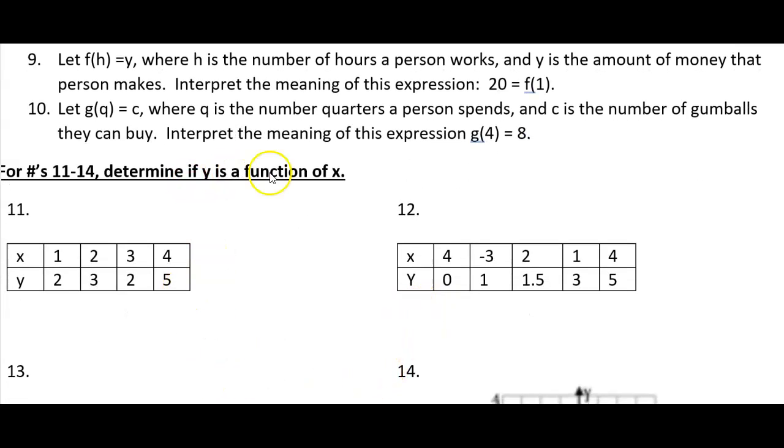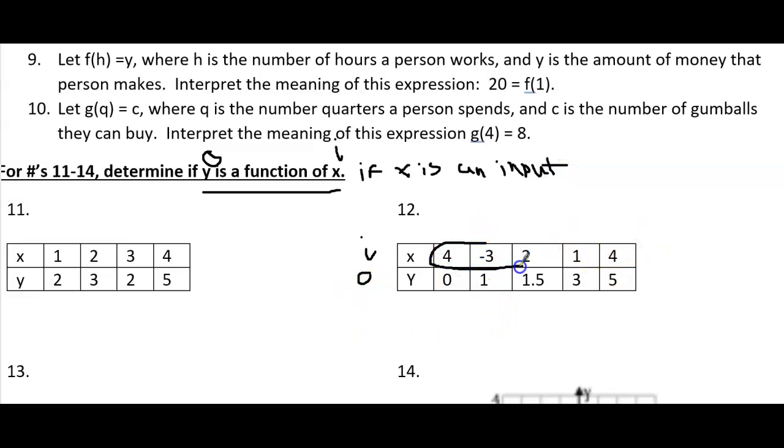The question is, determine if y is a function of x. In other words, if y is a function of x, that means y is my output and x is my input. So we can tell if y is a function of x if x is an input. So, is x an input?